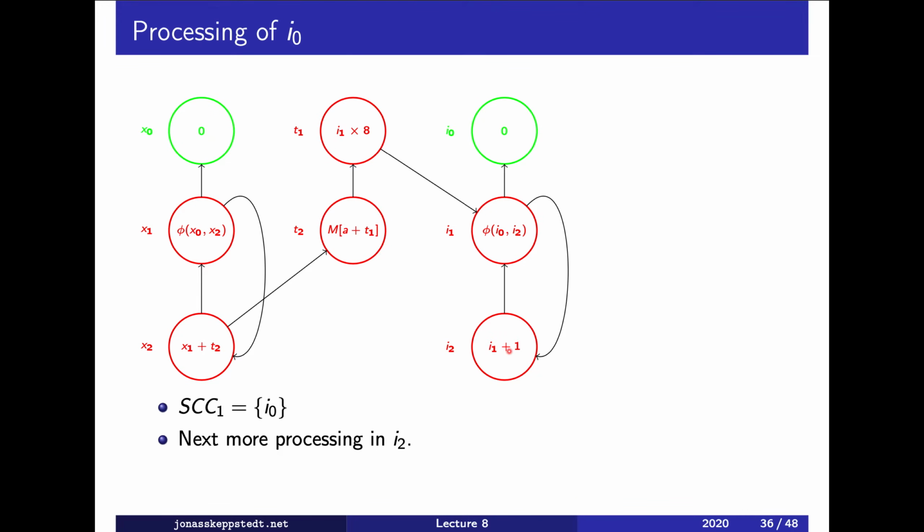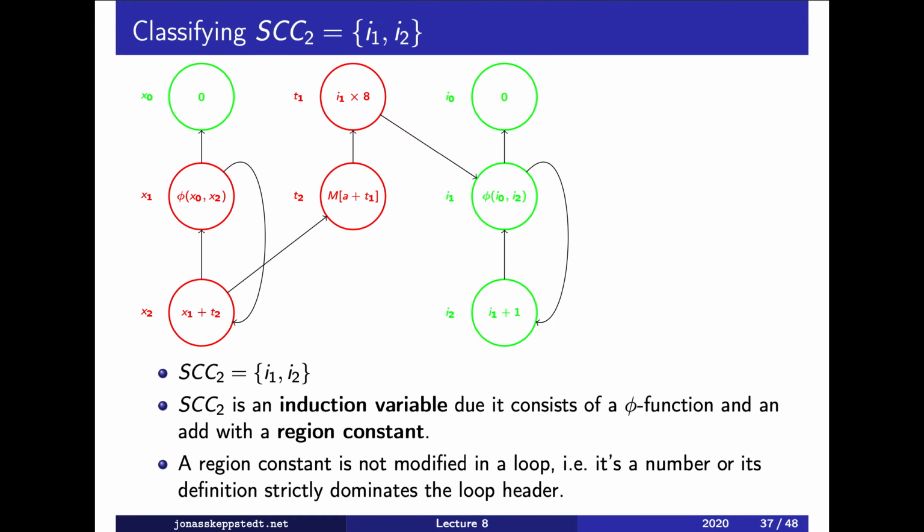There may be multiple assignments to the variable, so it's not necessary that it's only two nodes and only one increment, but there needs to be a phi function.